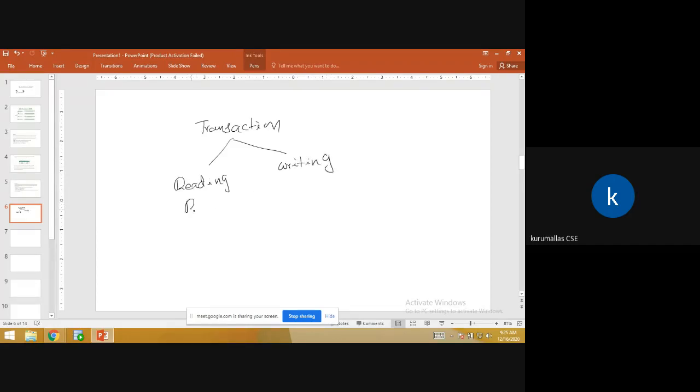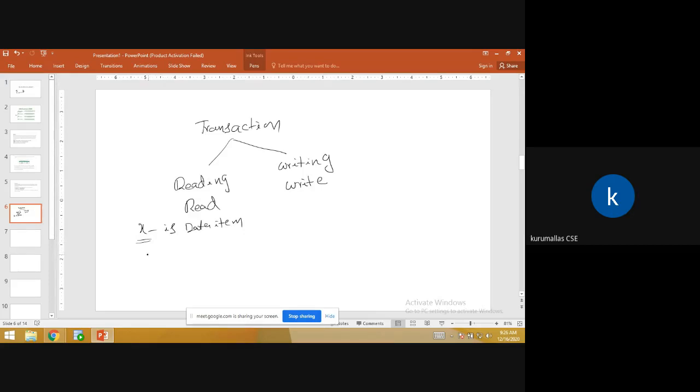We can use this one as read and this one as write. For example, suppose X is one data item, which means this is one account's related information, account X.